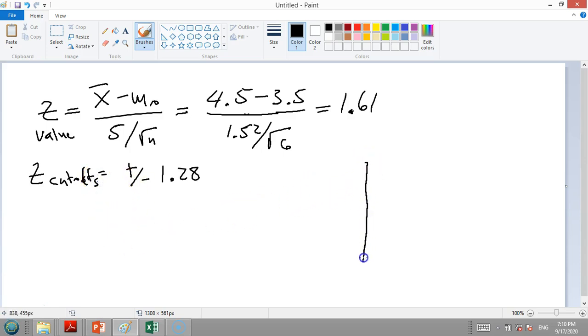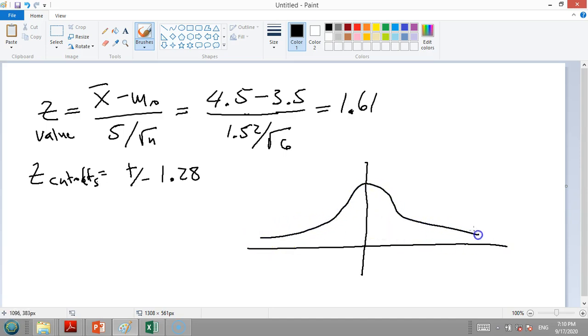So on my distribution here, I have z, and here I have 1.28, and here I have 1.61.